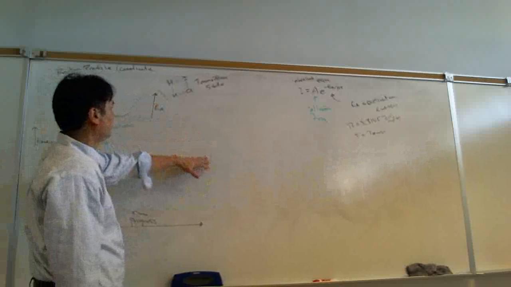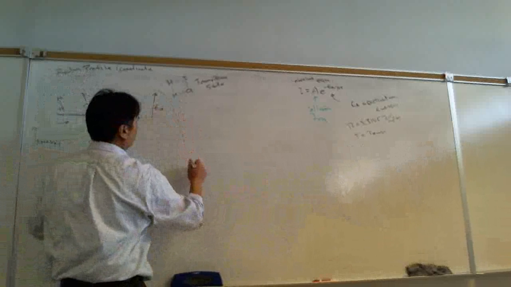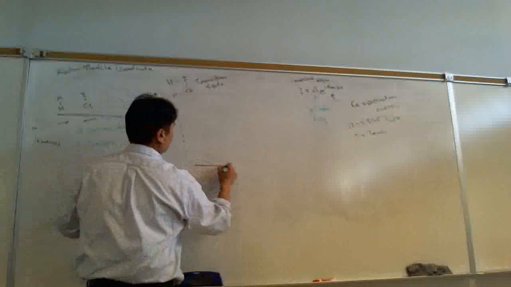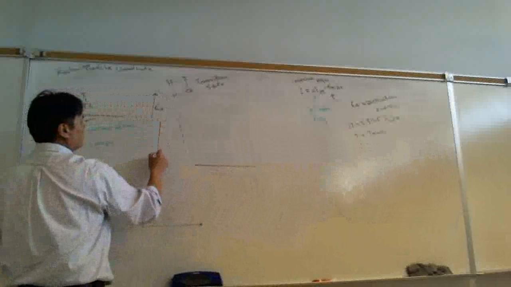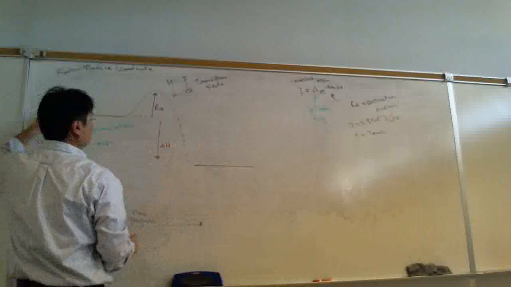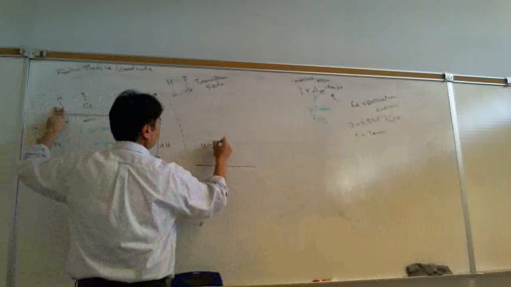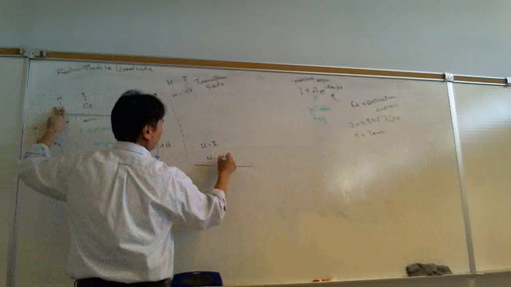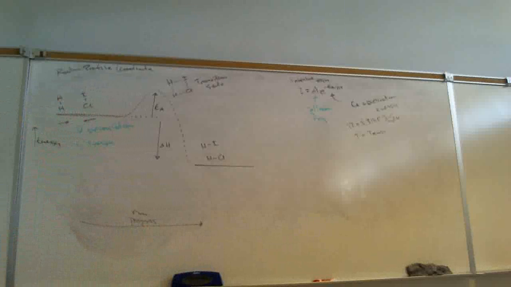In this case, the products are more stable, but they don't always have to be. It could be exothermic or endothermic. This is what we call delta H here. And so here we end up forming HI and HCl.